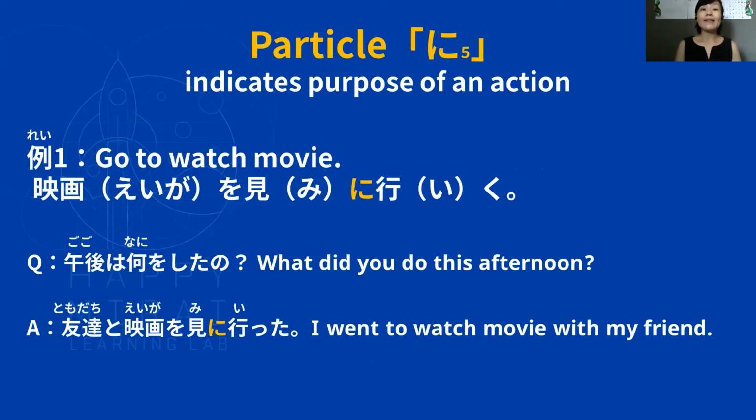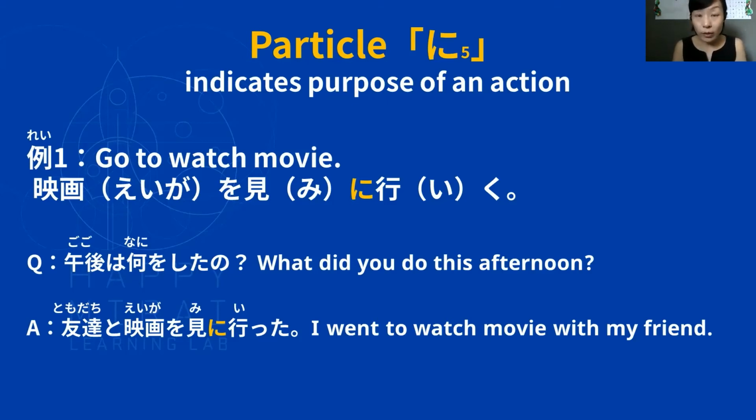Okay, number 5, function. It indicates purpose of an action. For example, 例1, go to watch movie. Yeah? 映画を見に行く。So over here, for example, the question, 午後は何をしたの? Yeah, this is like a casual question, to talk to people who you are familiar with.